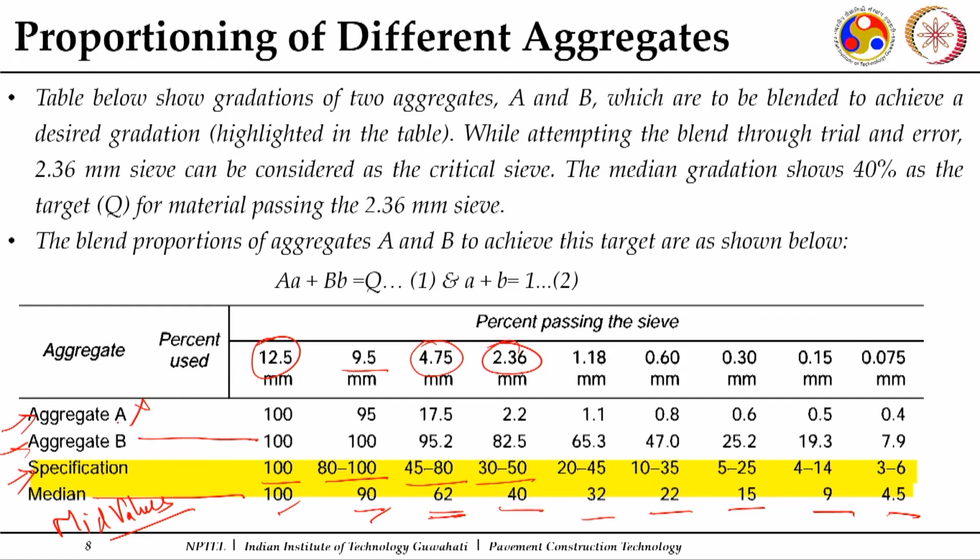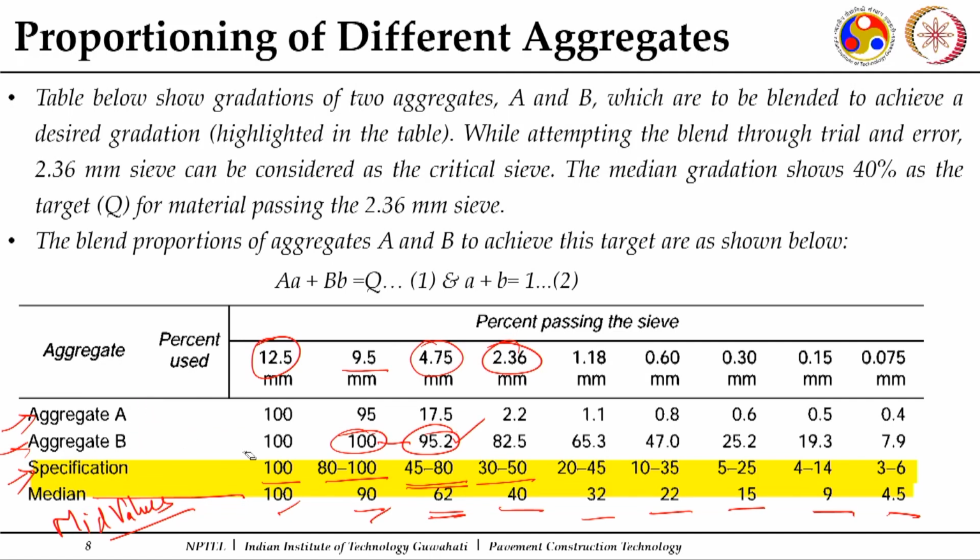At 9.5 it says 80 to 100, and 100 is there, which is the extreme limit. But at 4.75 the requirement is a minimum of 45 and a maximum of 80, and if B alone is used then 95% is passing. So B alone also cannot be used.